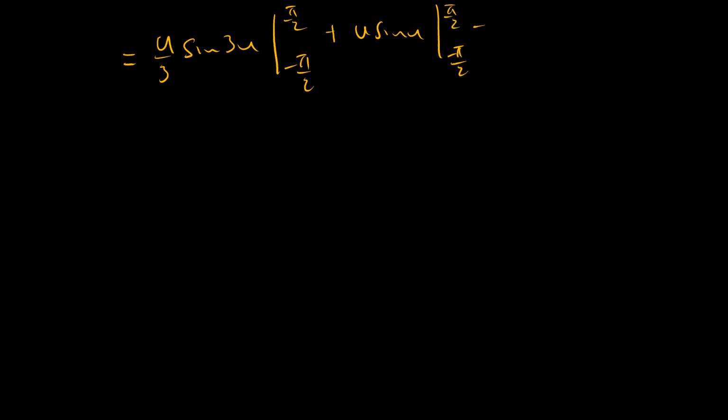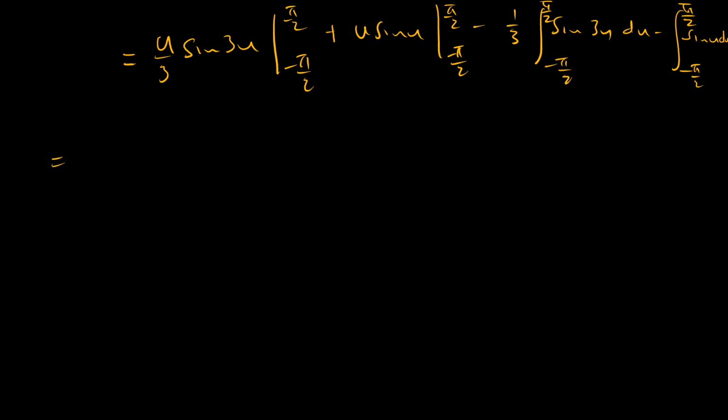So we have u over 3 sine 3u from negative pi over 2 to pi over 2, plus u sine u from negative pi over 2 to pi over 2, minus a third sine 3u from negative pi over 2 to pi over 2, minus sine u from negative pi over 2 to pi over 2.